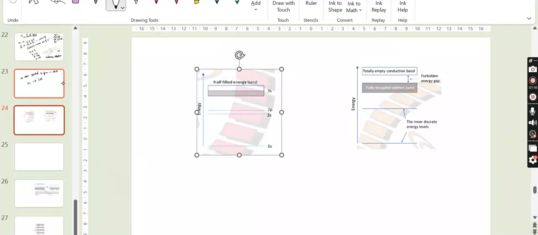So this 2n band will be half filled only, because 3s was already half filled.